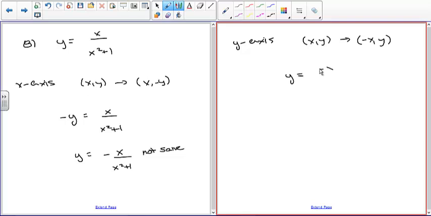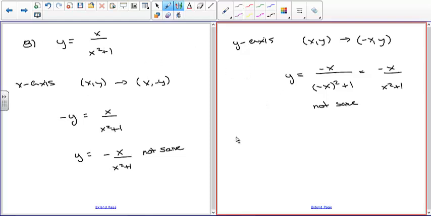You get negative x over negative x squared plus 1, which is negative x over x squared plus 1. So we square negative x, you get positive x squared. Okay, not the same. Because this is not the same as that, it's not y-axis.